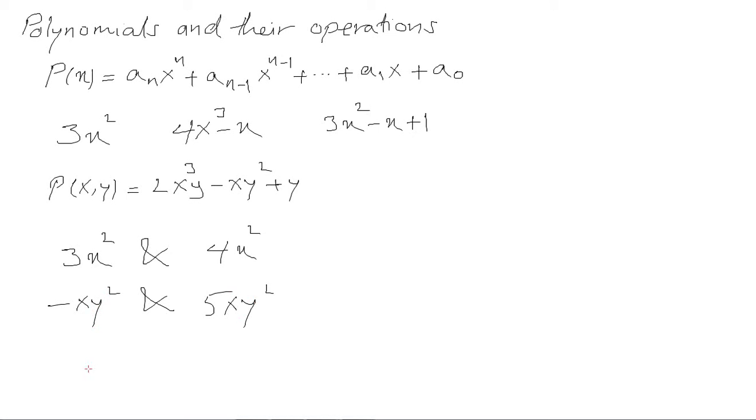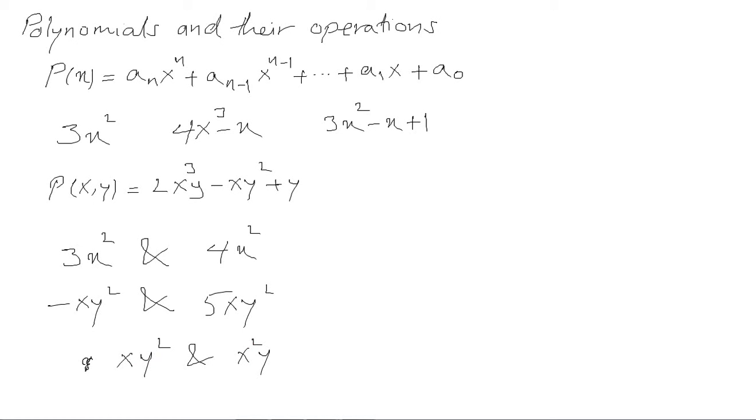But for example, x y squared and x squared y, these are not like terms because here you have x, but here you have x squared. Here you have y squared, here you have y. So these are not like terms. So that's the meaning of like terms.